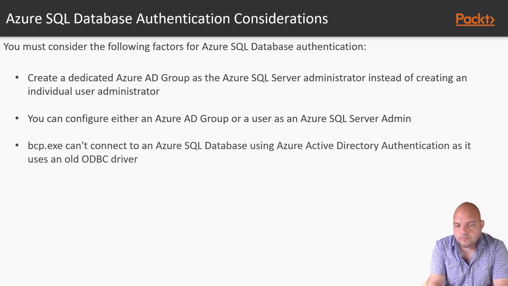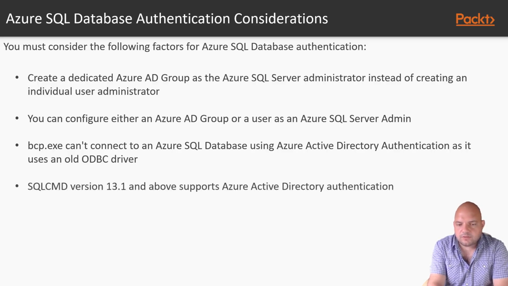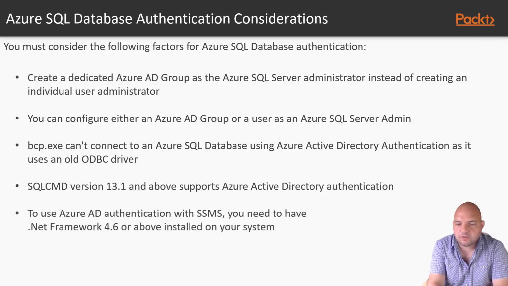Bulk copy tool, bcp.exe, can't connect to an Azure SQL database using Azure Active Directory Authentication, as it uses an old ODBC driver. SQL Command or SQL CMD version 13.1 and above supports Azure Active Directory Authentication. And to use Azure AD Authentication with SQL Server Management Studio, you need to have .NET Framework 4.6 or above installed on your system.